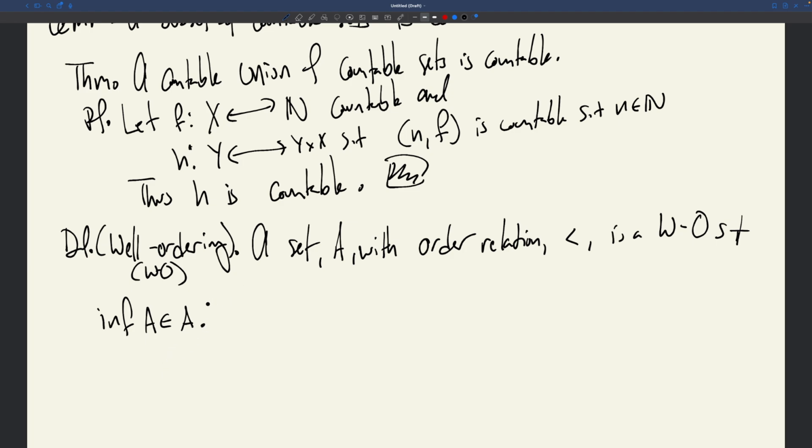That's the best way to define a well-ordered set: it has a least element that's contained within the set itself. That's perfect for us. Does that mean that the reals are well ordered? No, but the positive reals are well ordered.